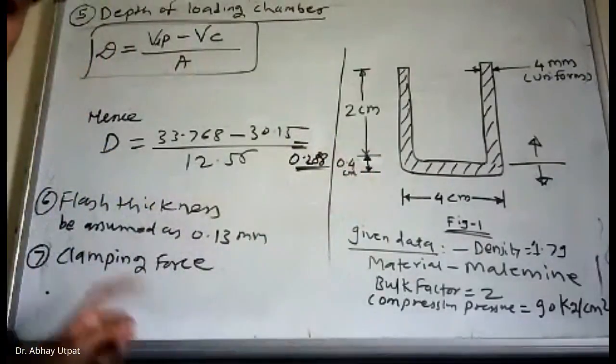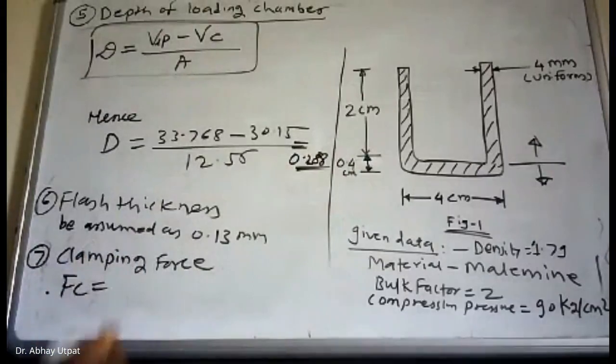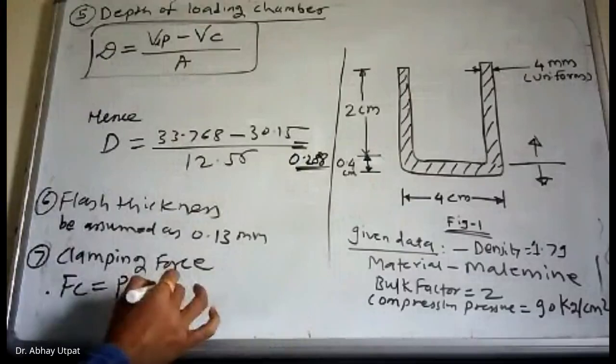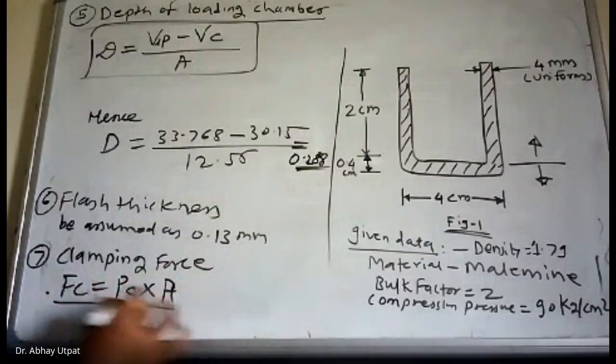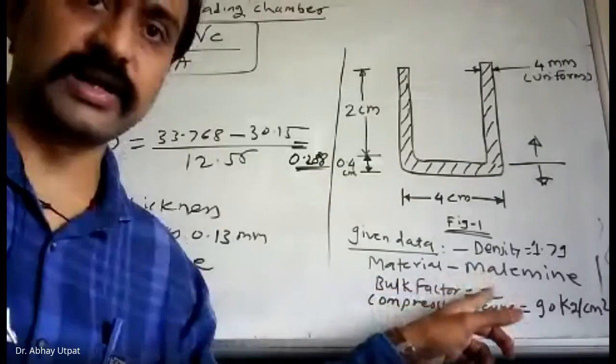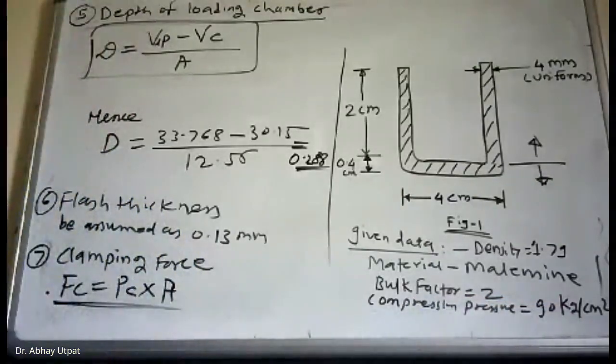Okay. Now clamping force FC is equal to compression pressure into projected area. Force is equal to pressure into area. And this pressure value is given here in the given data. Compression pressure is equal to 90 kg per centimeter square.